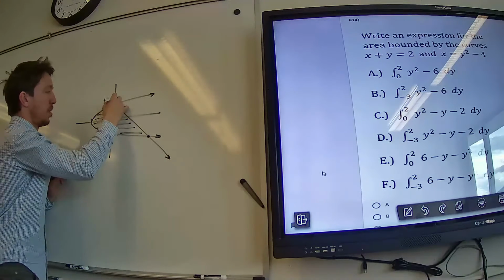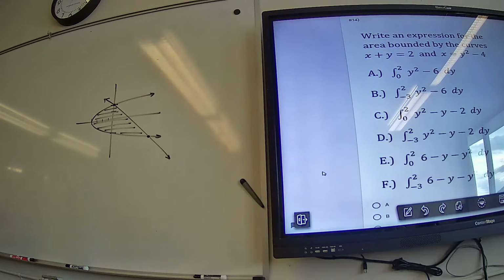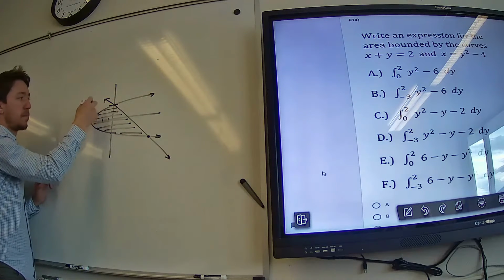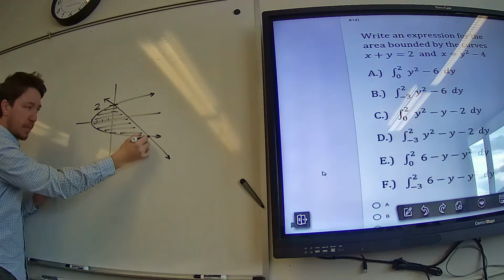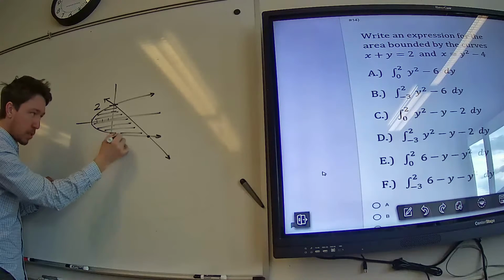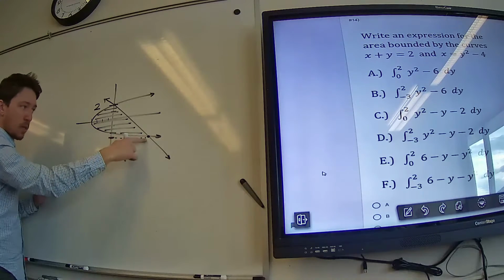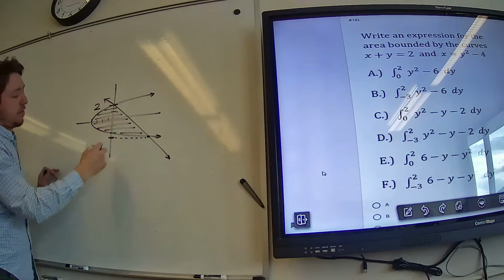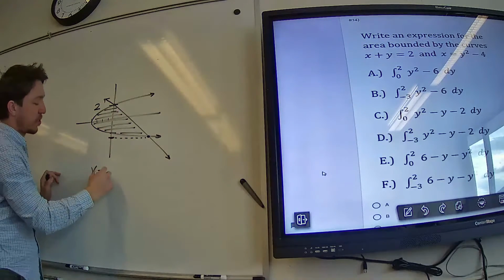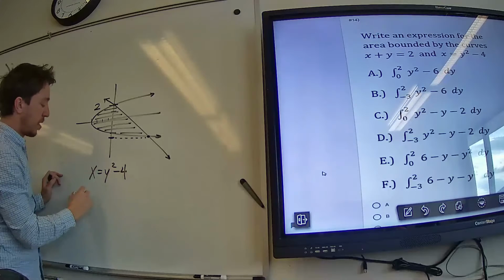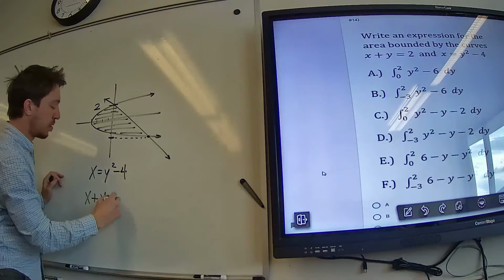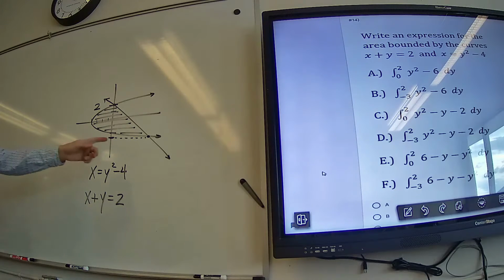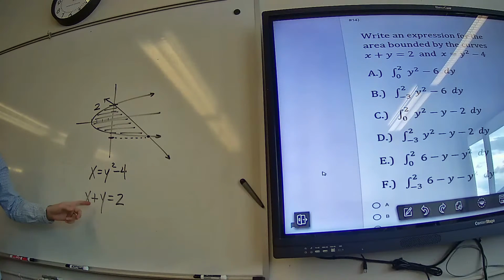Okay. And then, so my area is this. First of all, what are the bounds of my integral? What's this upper bound? Positive 2. How about this? I'm asking the question of if x equals y squared minus 4 and x plus y equals 2, what's the y value that's going to make this work?